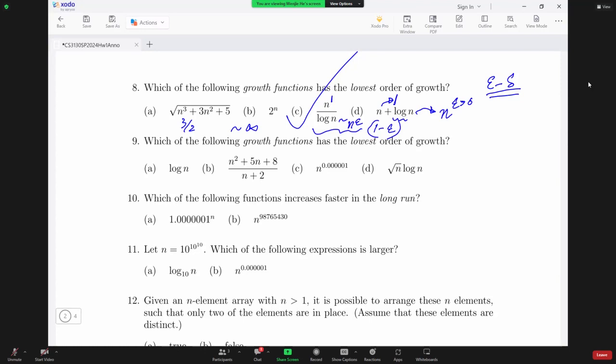Now you compare all these numbers. Which one is the smallest? 1 minus epsilon, because 1 minus epsilon is less than 1. You subtract a small positive number, that's strictly less than 1. So we know C is less than D in order of growth.